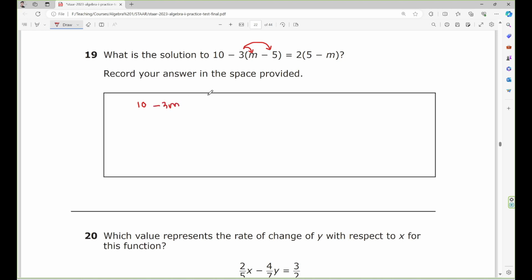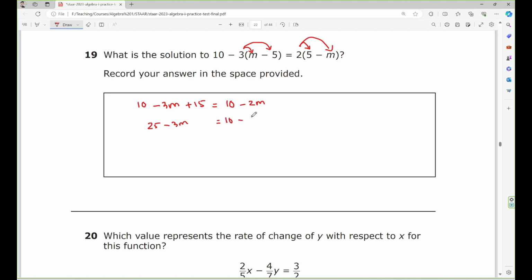Negative 3 times negative 5 is going to be plus 15. Equal. Distribute this. 2 times 5 is going to be 10. 2 times negative m is going to be negative 2m. Alright. Now 10 plus 15 is going to be 25 minus 3m.